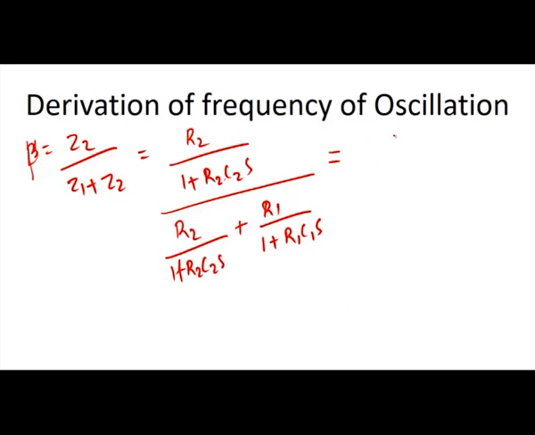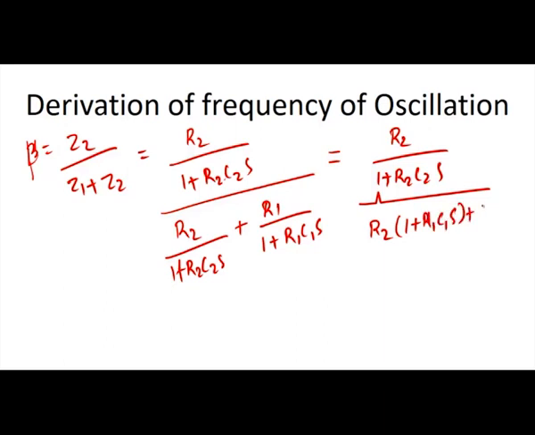If you simplify this, you will have R2 by 1 plus R2 C2S divided by, take LCM, R2 into 1 plus R1 C1S plus R1 into 1 plus R2 C2S divided by 1 plus R2 C2S into 1 plus R1 C1S.